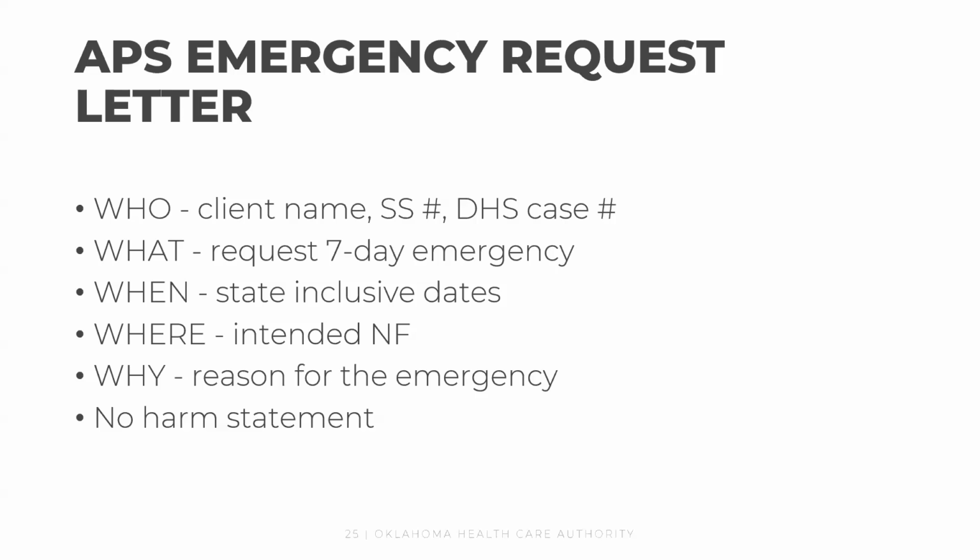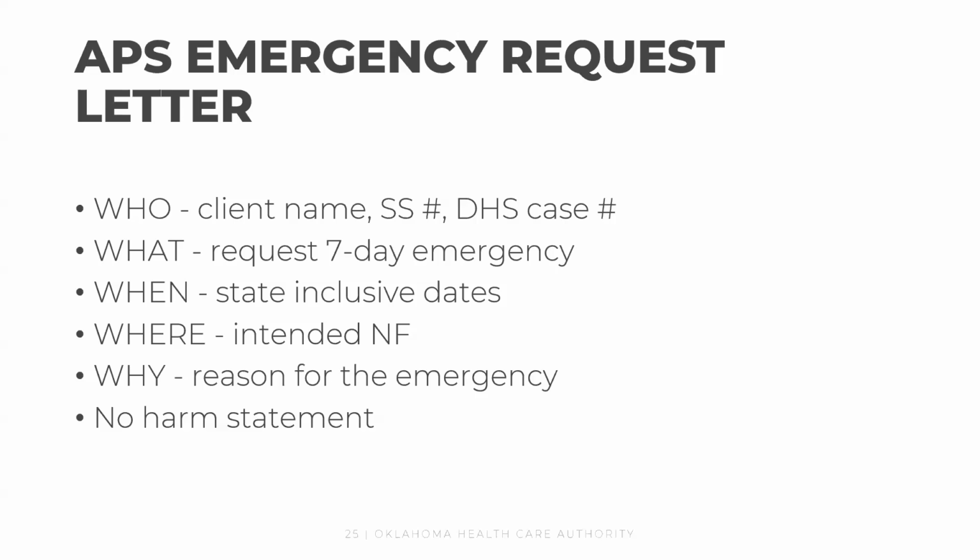Is this person being abused? Are they in an unsafe or filthy environment? Have they recently been evicted? We get a lot of those. Somebody's been evicted and they're non-ambulatory or they can't do their ADLs and they must be admitted immediately. And also a no harm statement.